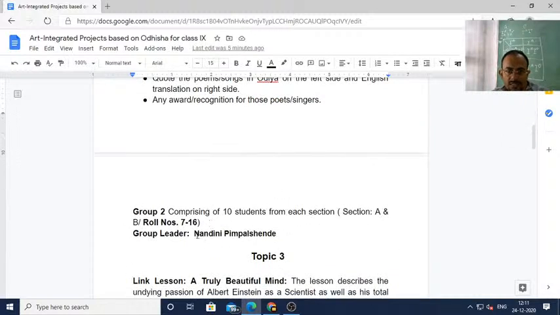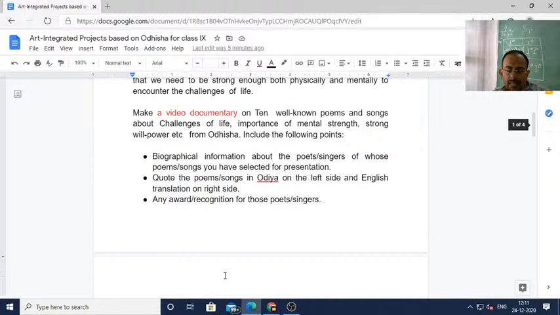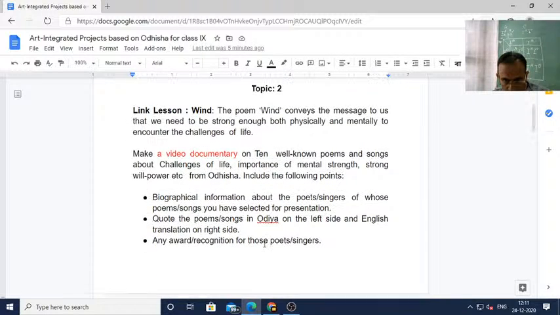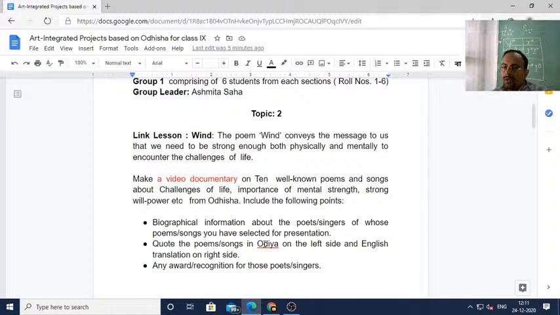So it is the group leader Nandini Pimple Shande who will tell the other group members what they are supposed to take. Nandini can tell somebody you can take a poem, or tell you can take up a song. So you allot, Nandini, so that there is no confusion.